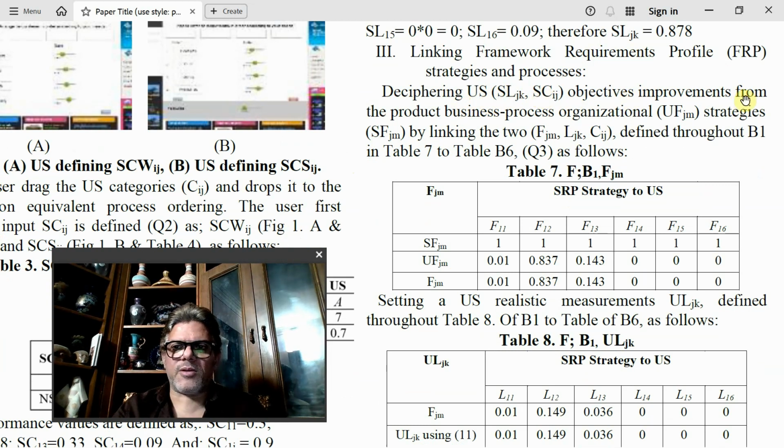Objectives, improvement from the product, business, process, organization. These are the clicks in the table. UF, strategic satisfaction framework by linking the two frameworks, level, categories. So we have here the categories, down there we have the levels.